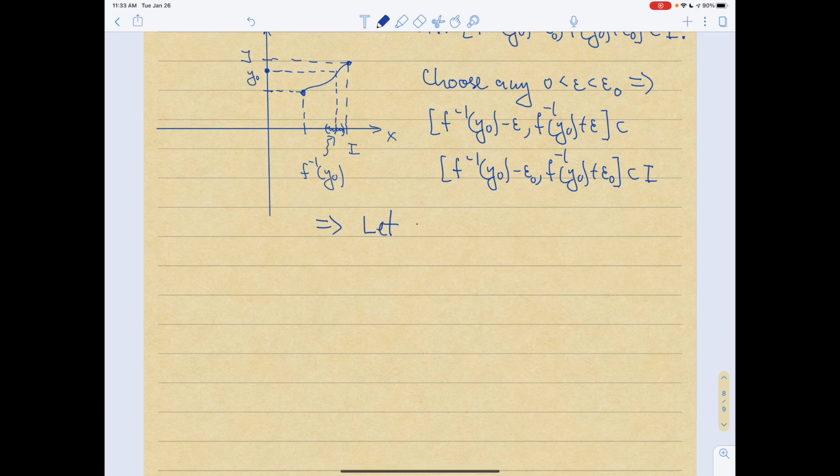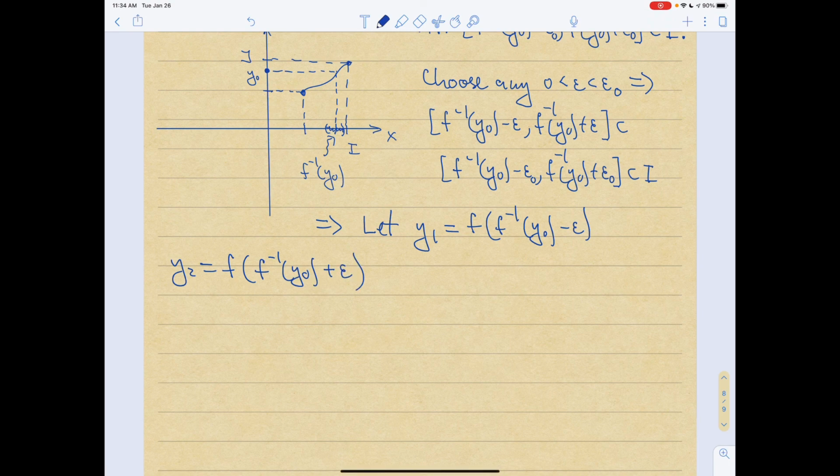And if that is the case, then I can denote y1 to be f of f inverse of y0 minus epsilon, and by y2 I will denote f of f inverse of y0 plus epsilon.